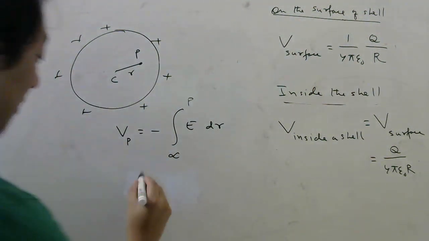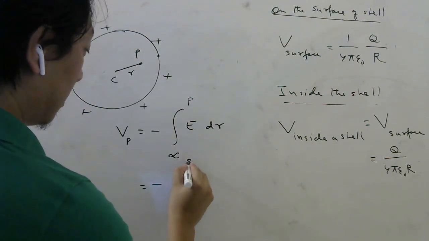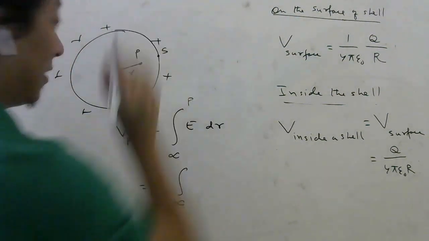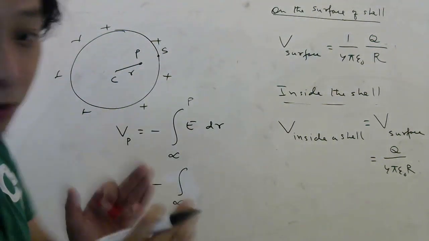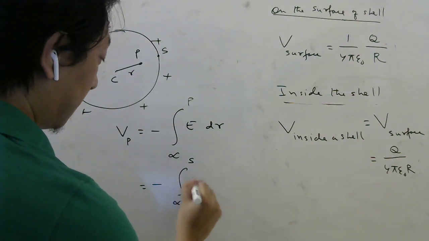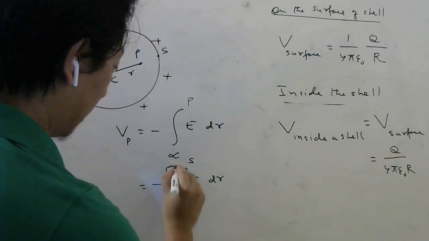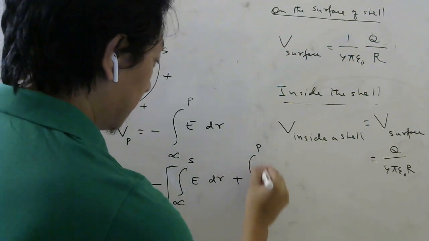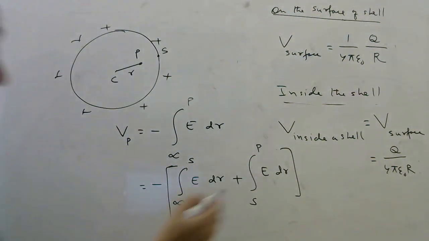Let me just mark some point on the surface, let's say S. So from infinity to p, I will divide this integration into two parts. From infinity to p, I'll write as infinity to surface, plus from surface, I will come to p. This way also I can write. Yes or no?